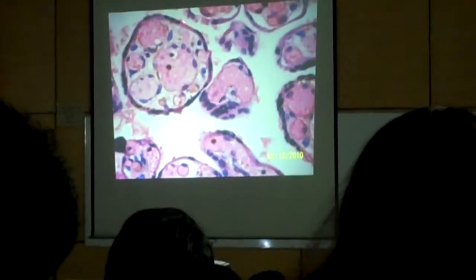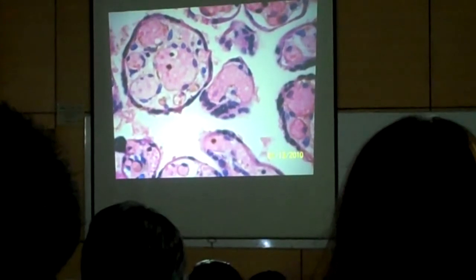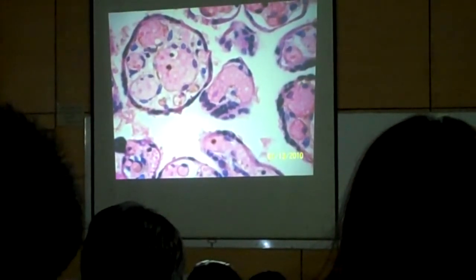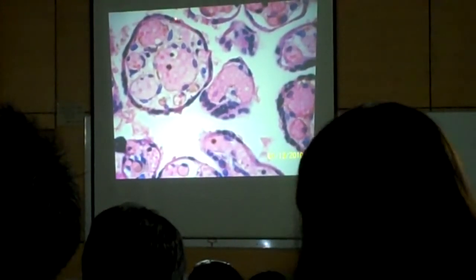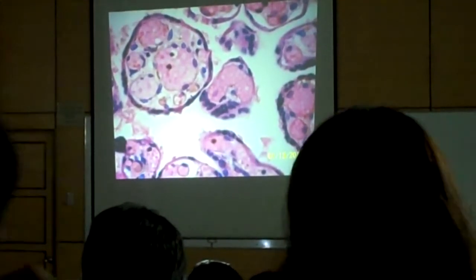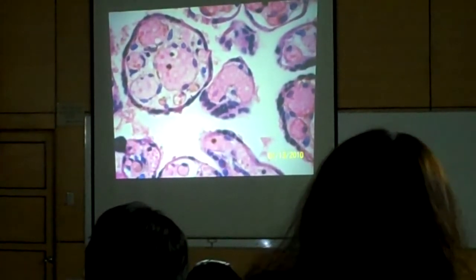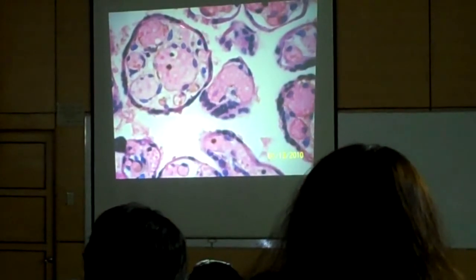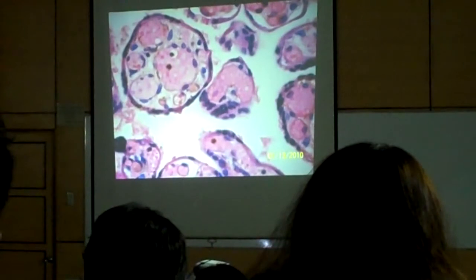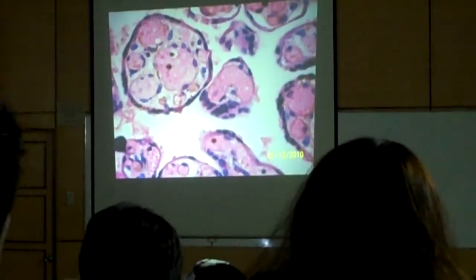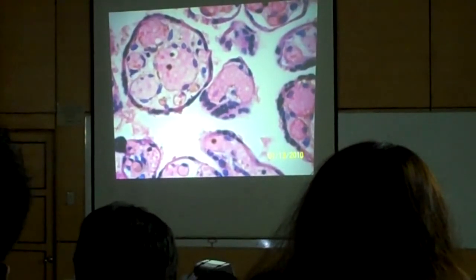If it is mature, you can only see how many layers of cells lining? One only. Okay, identify the cell. Syncytial trophoblast. Okay, so these cells are syncytial trophoblasts. Also give the hormone secreted by syncytial trophoblast, HCG.